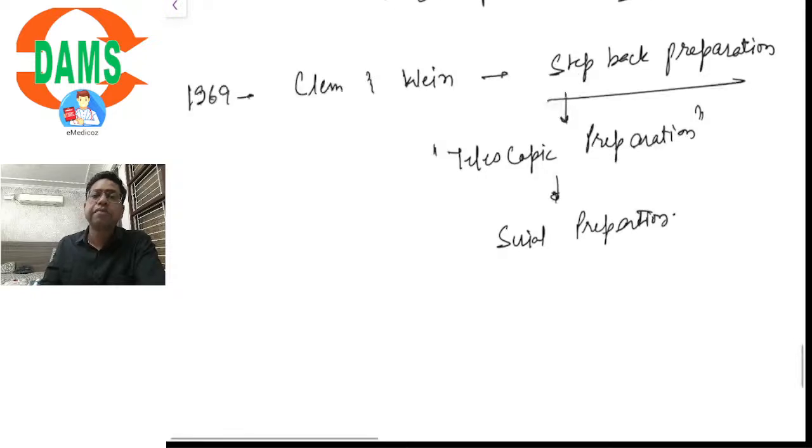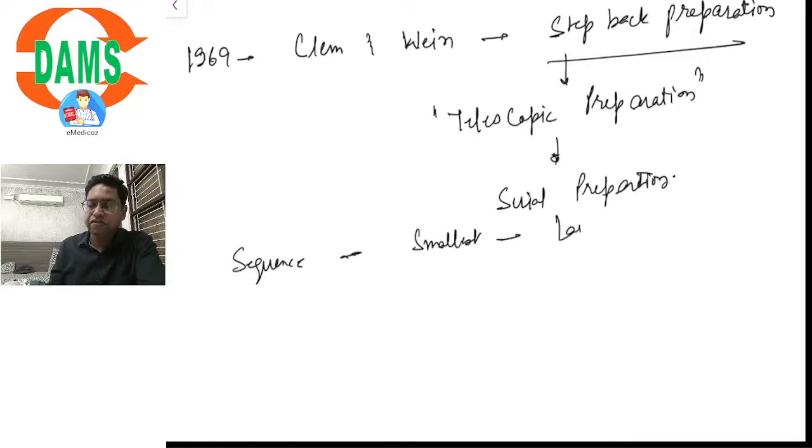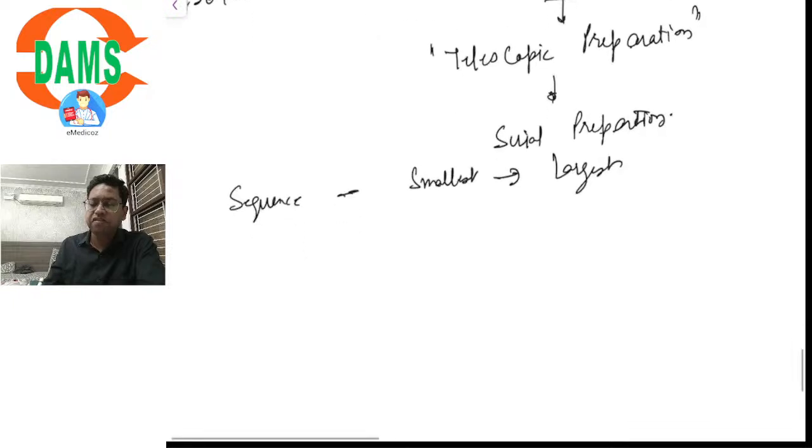These are the different names for the same technique, that is step back. Basically speaking, the sequence of preparation is again from the smallest to the largest. We follow the same sequence from the smallest to the largest.